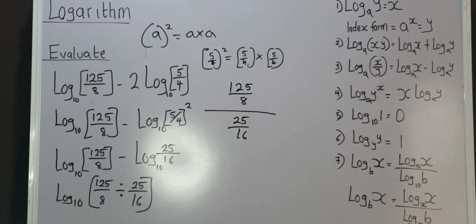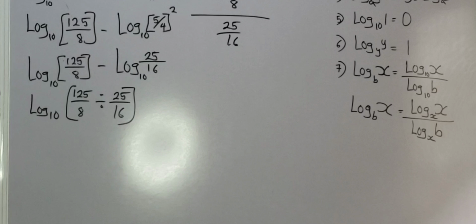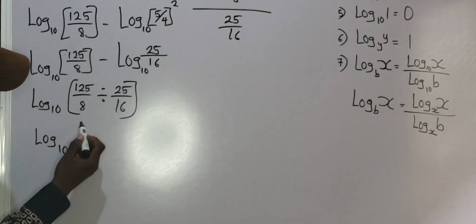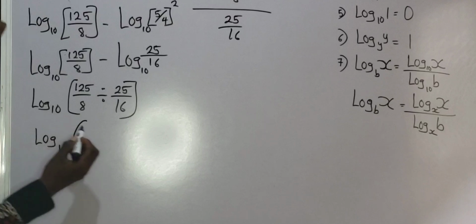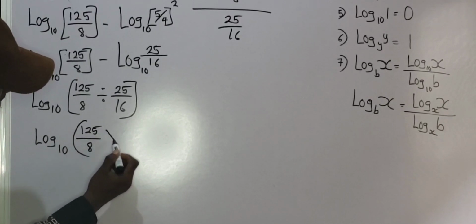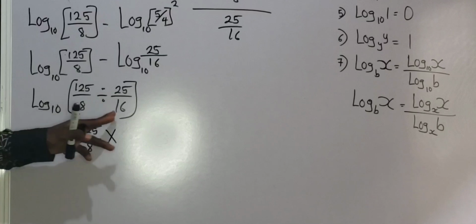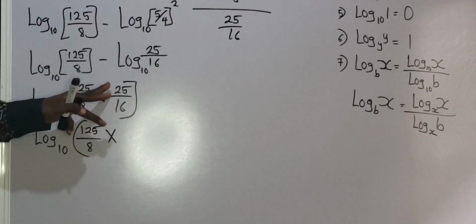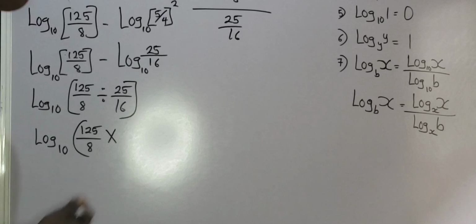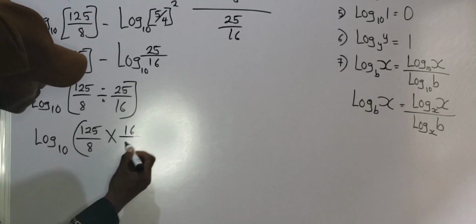Now we have gotten to this point. What are we going to do next? We have log base 10 of 125 over 8. If the division sign changes to multiplication, the denominator will become the numerator and the numerator will become the denominator for the other part of the fraction. So I'm going to have 16 over 25.